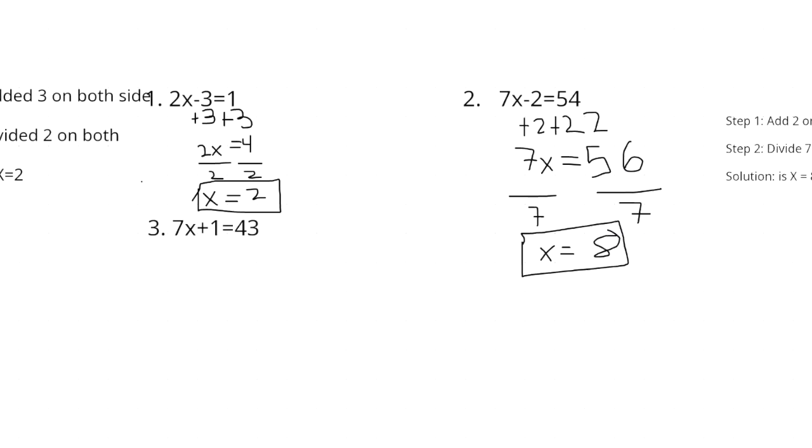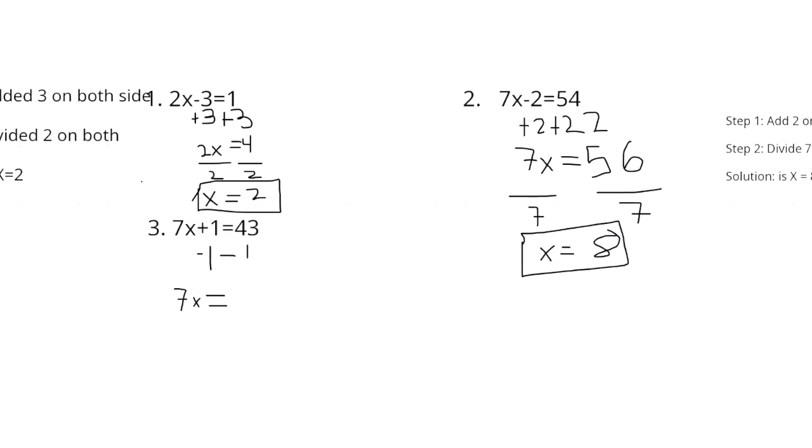Now we're working on problem number 3. So I will subtract 1. 7x plus 1 equal to 43. Oops, 7x equal to 42.